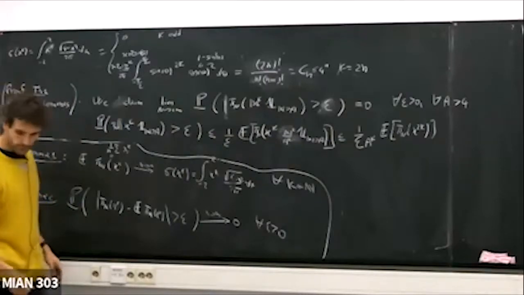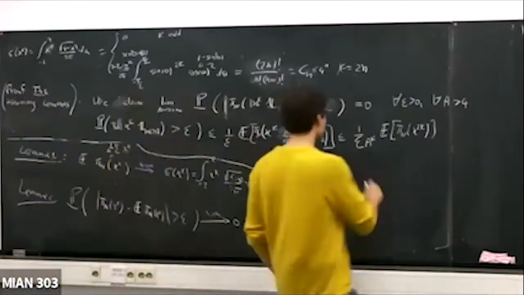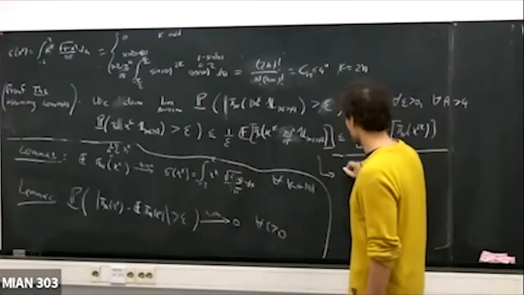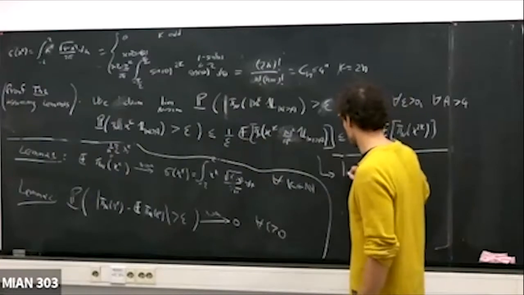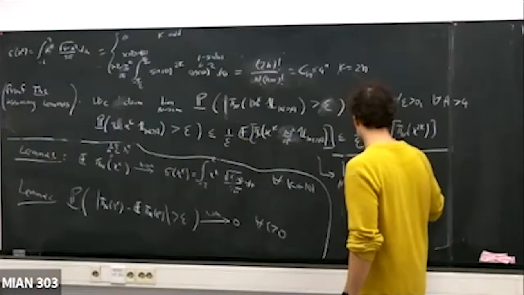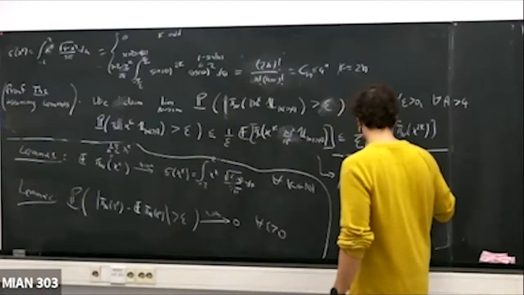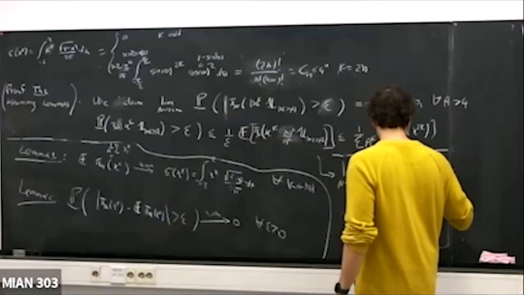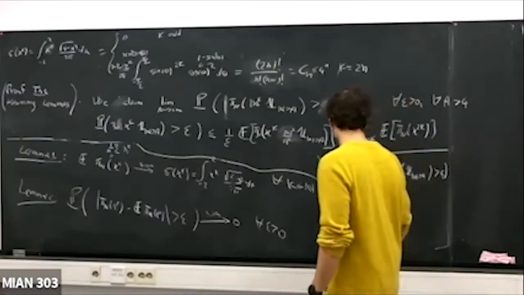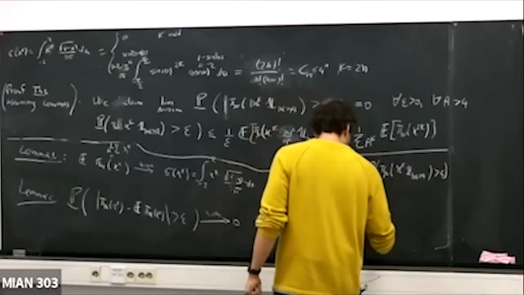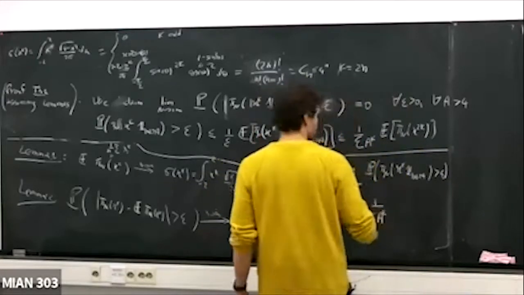So now, if I take the limit n to infinity, I continue here. I didn't want to erase the lemmas, but the limit n to infinity of the probability that the moment, but restricted to x bigger than a, is bigger than epsilon, is less or equal than 1 over epsilon a to the k.